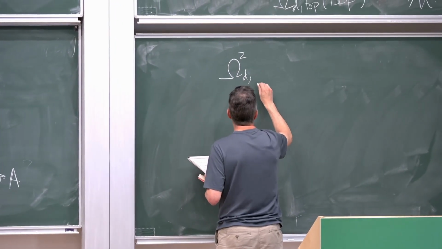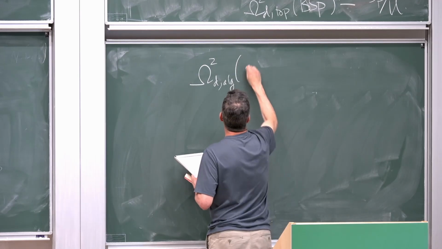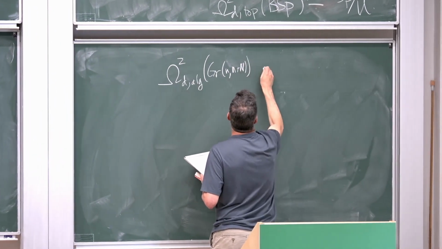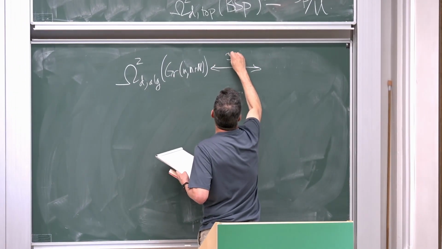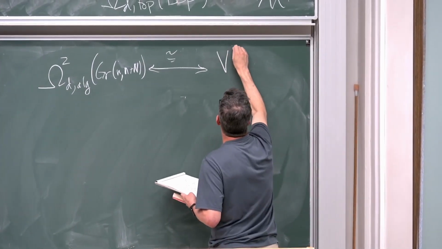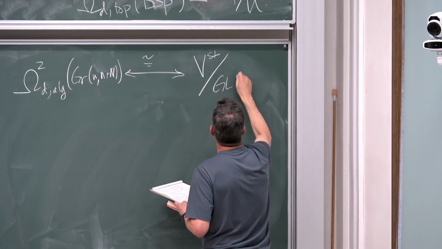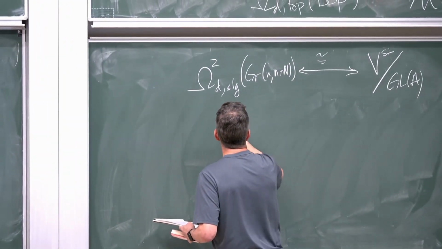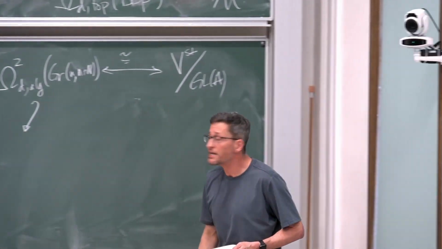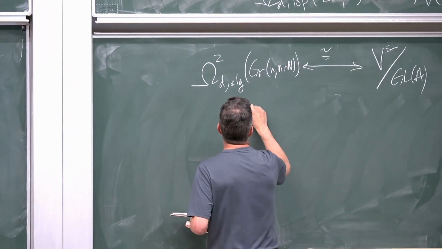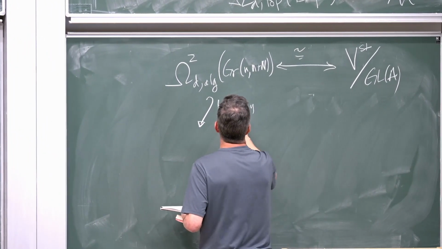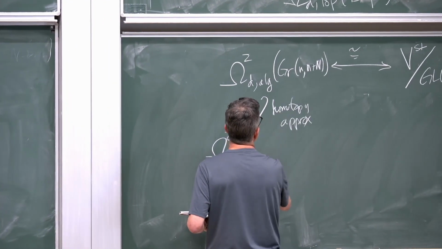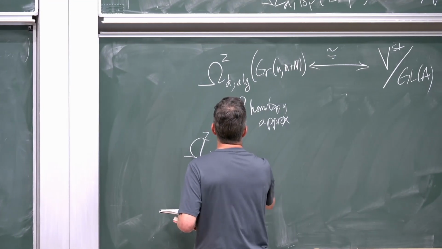It says that this variety, Gr(n, N), is isomorphic to that vector space, at least the stable points in that vector space, mod GL A. And now, by Mann-Milgram, well, I guess in this case by Segal's work, this is a homotopy approximation to the topological loops for large d.